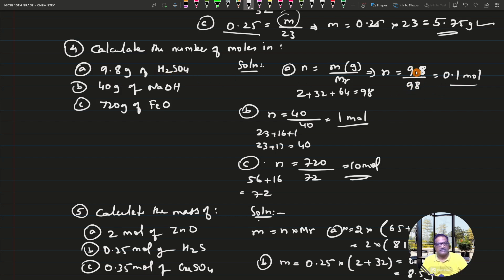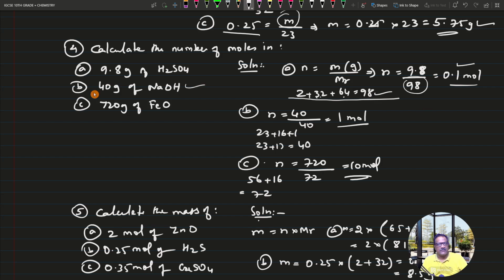So 9.8 upon 98 works out to 0.1 mole. So the answer for A is 0.1 mole, right? And H2SO4, the Mr will be 98. So H2 means 2 plus S is 32 and O4, 16 4s are 64. 64 plus 32 plus 2 works out to 98. That's how you got this 98.